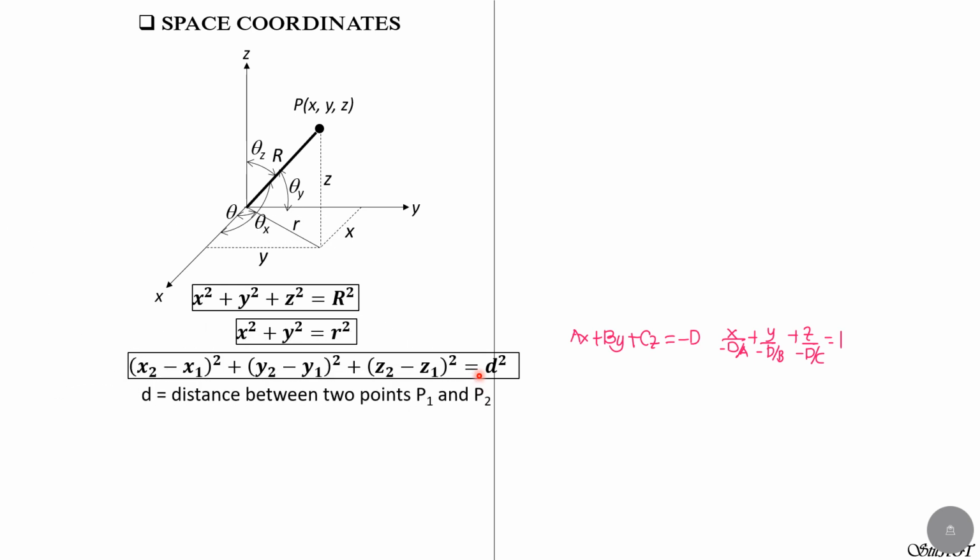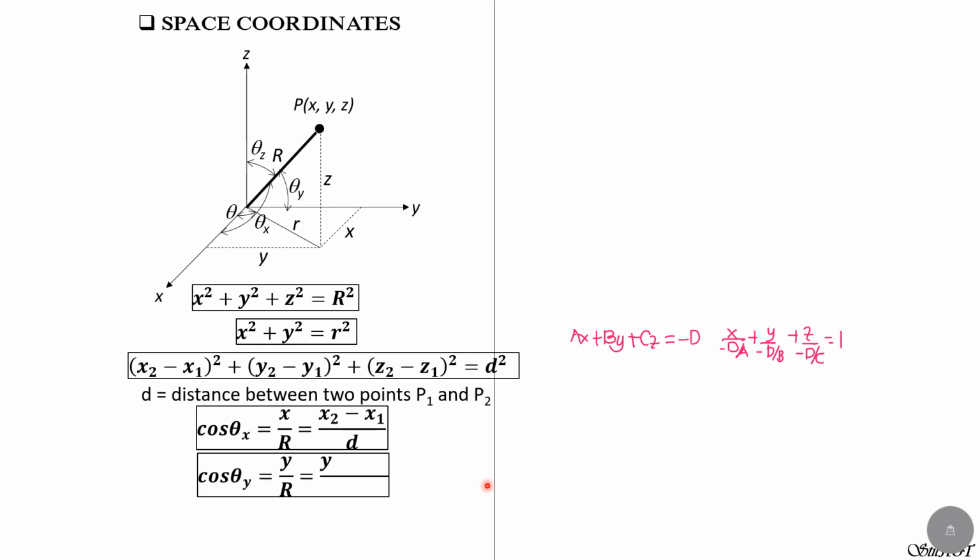So that is the distance between 2 points P1 and P2, and the cosines of theta x, theta y, theta z are called direction cosines. Cosine theta x is equal to x over big R, or quantity x2 minus x1 over d. Cosine theta y is equal to y over big R, or quantity y2 minus y1 over d.